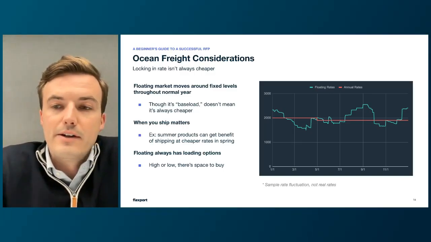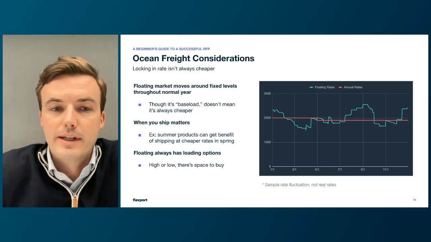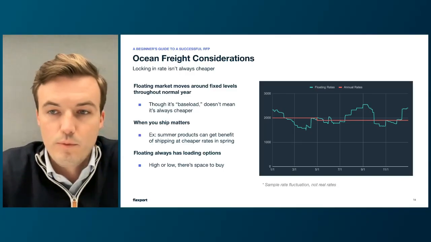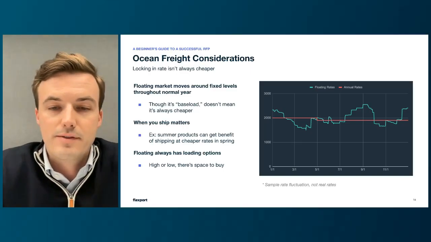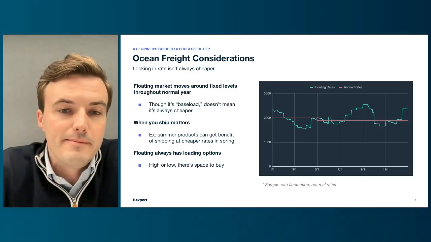In those scenarios, where speed is generally the most important thing, floating is usually the rate type that we would suggest, because regardless of what the rate level is, there is always space to buy on the floating market.